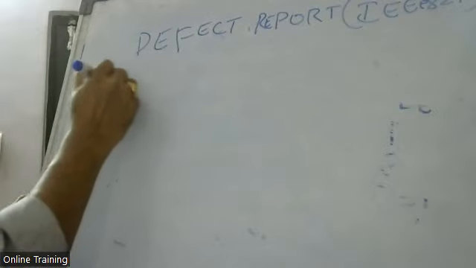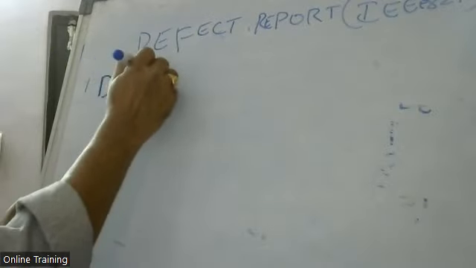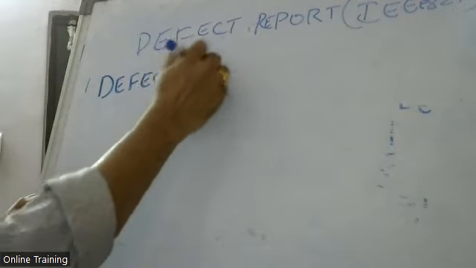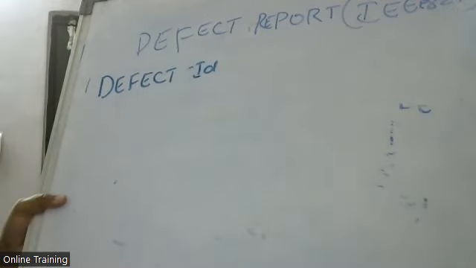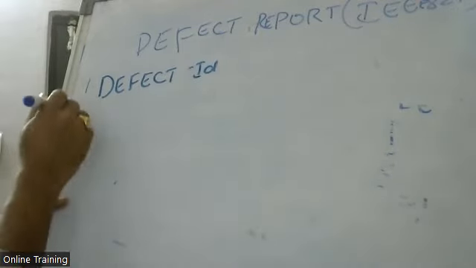The first one is the defect ID, a unique number or name, for example DF001.